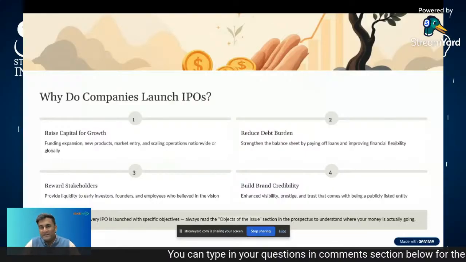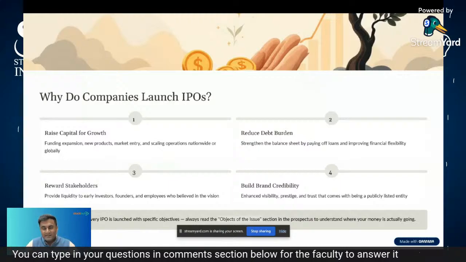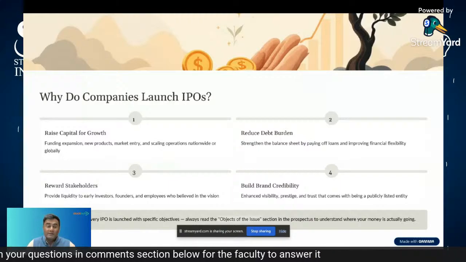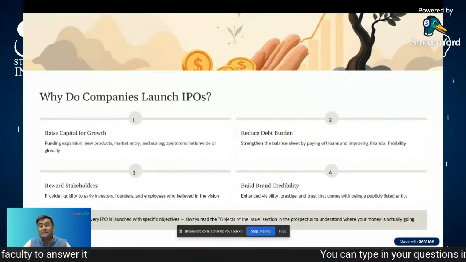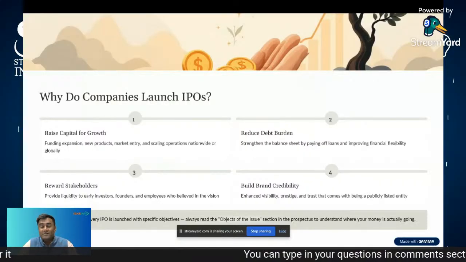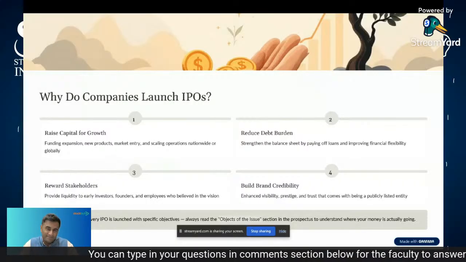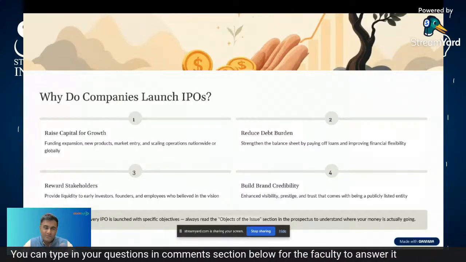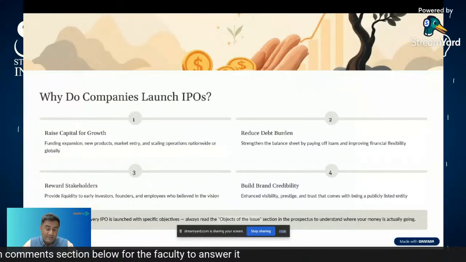They don't really need the funds, but by getting listed, they want to test the market. They want to see how much the retail trader is willing to pay to buy shares of my company. So point number 3, reward to stakeholders, needs to be studied in depth.